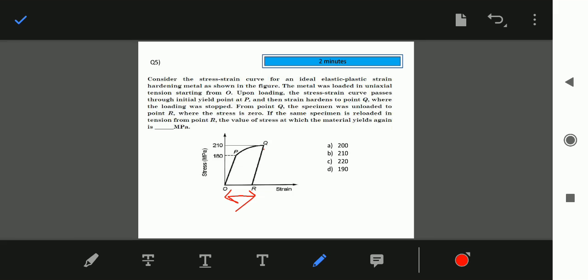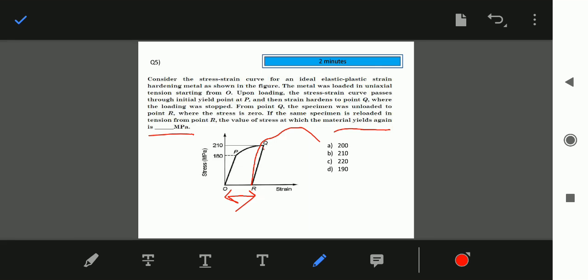So when the load is applied again, it will elongate from this point. It is asked what will be the yield value again.